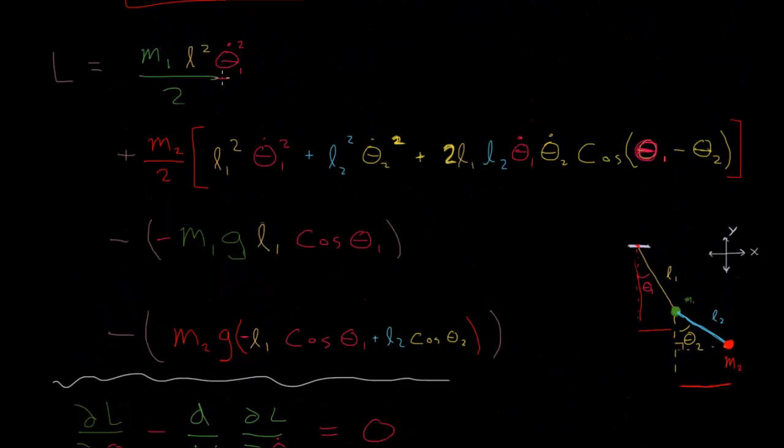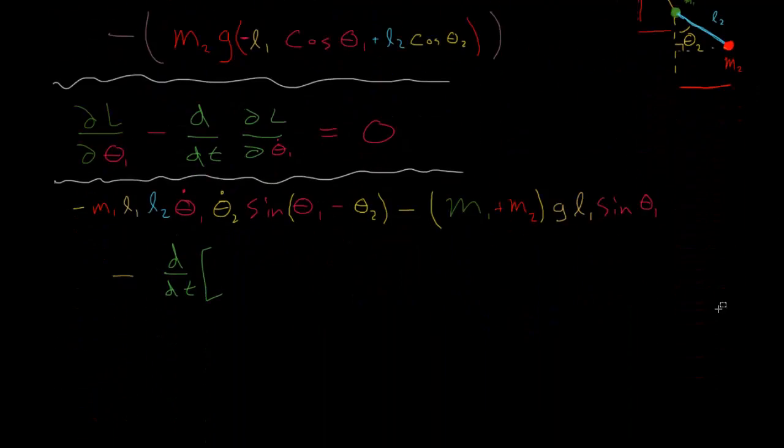Theta 1 dot does appear here, so we'll take the derivative with respect to this. It's theta 1 dot squared. When we take the derivative of that, we'll get a 2 up front, and then we will just have a theta 1 dot to the first power. So I'll rewrite this term. Actually, I'll just copy and paste again.